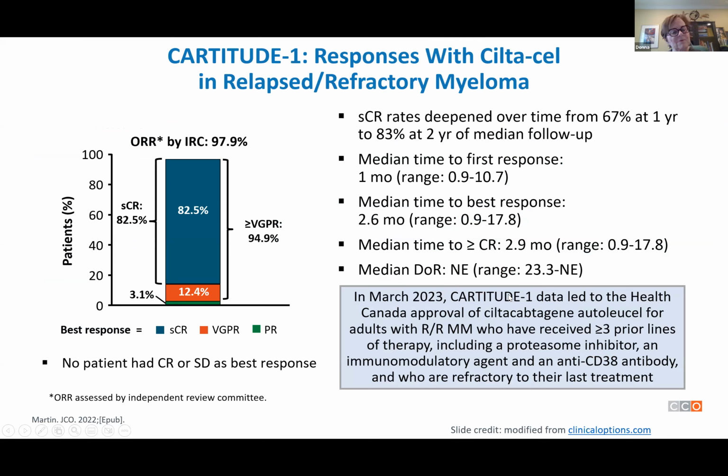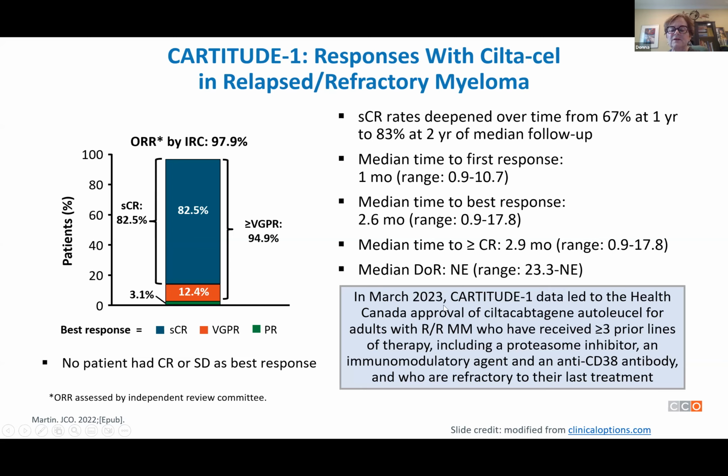Now, what made everyone sit up and take note is the response rates were really high, and stringent complete remission was almost 83%. Again, very quick responses, and the duration of response had not yet been reached at this time.